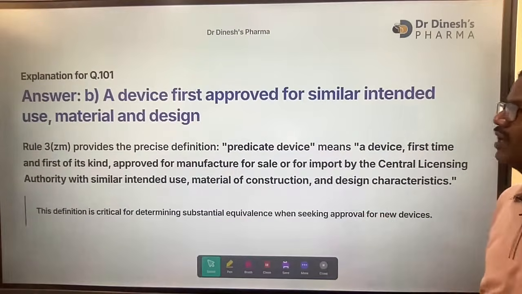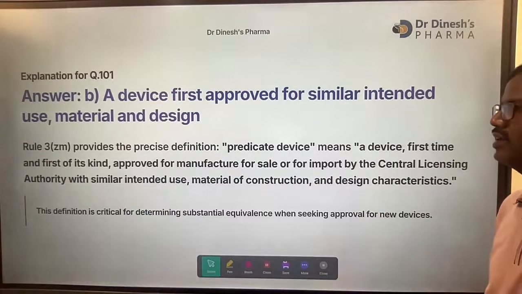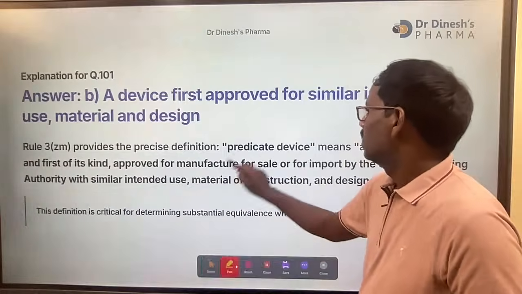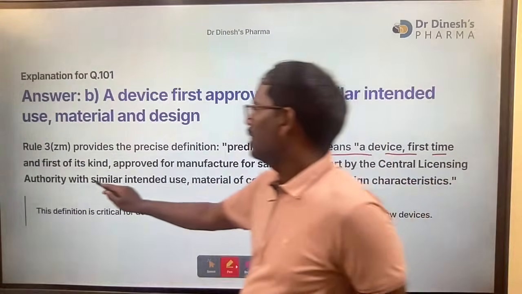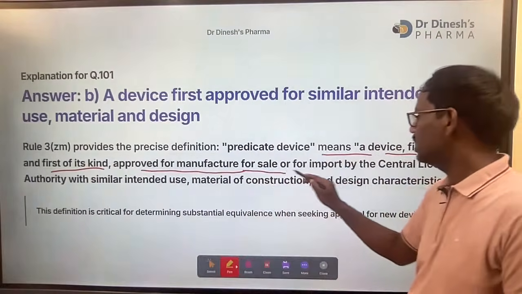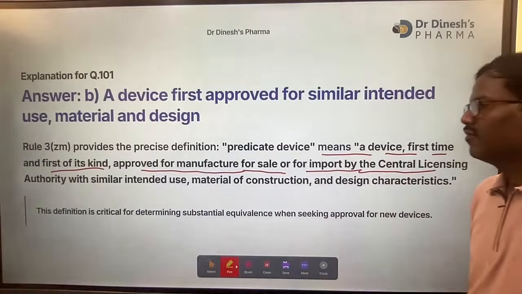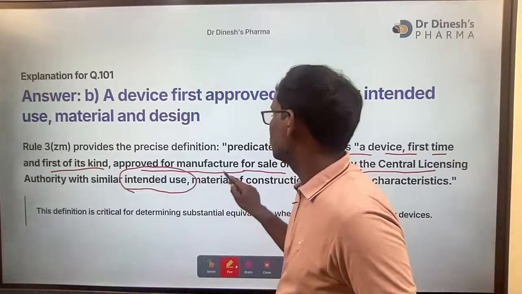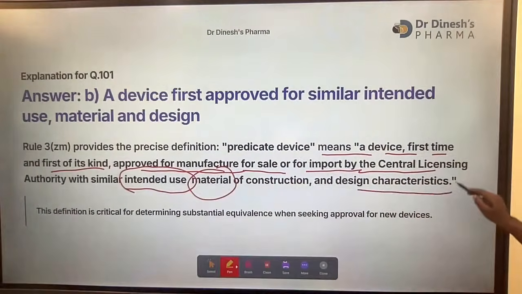The predicate device is clearly explained in Rule 3, clause ZM, which provides a precise definition. Predicate device means a device first approved, the first of its kind, for manufacture, for sale, or for import by the CLA, with similar intended use, similar material of construction and design characteristics.